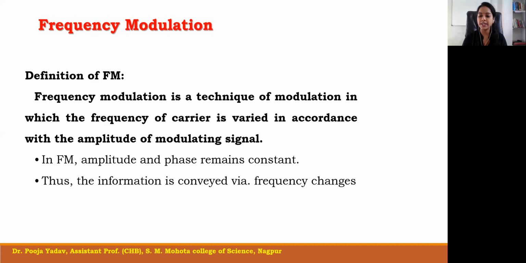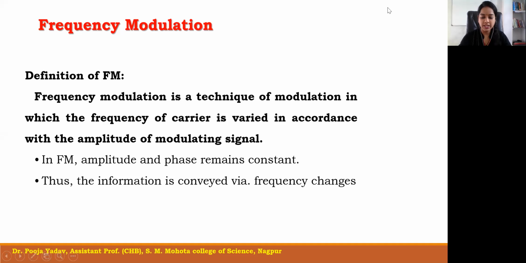We mix our signal with a very high carrier frequency, and then we transmit the signal in the air. How we frequency modulate the signal is we vary the frequency of the carrier signal according to the modulating signal, means according to the input amplitudes we modulate the frequency of the carrier signal.